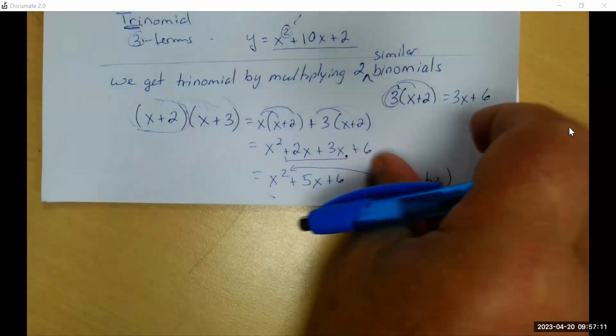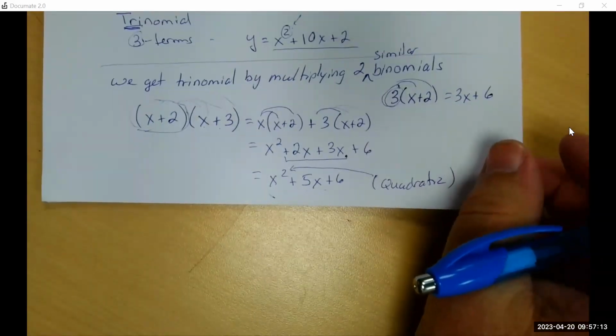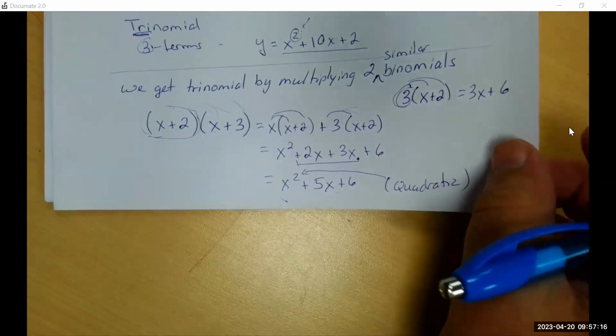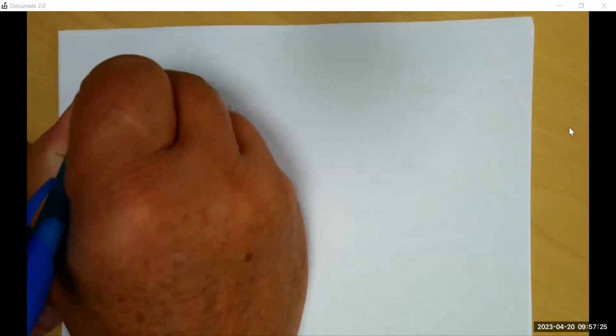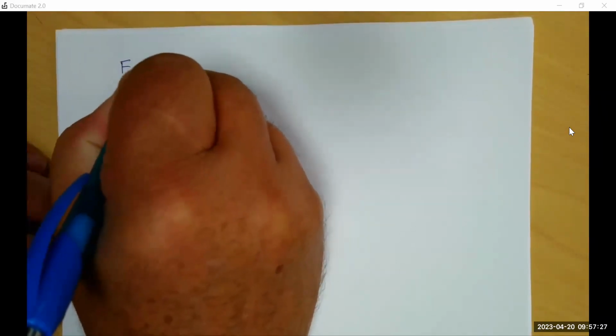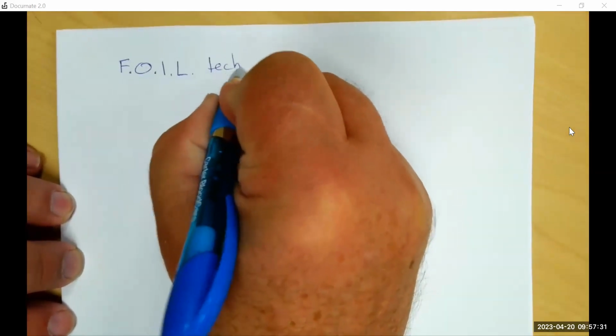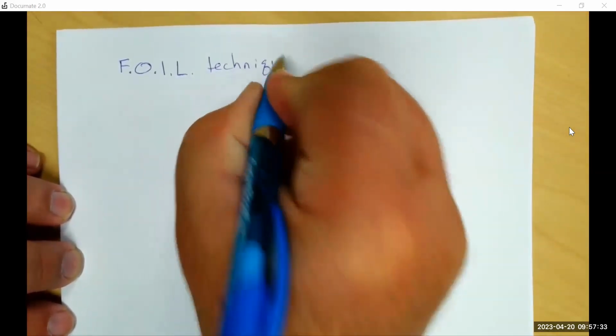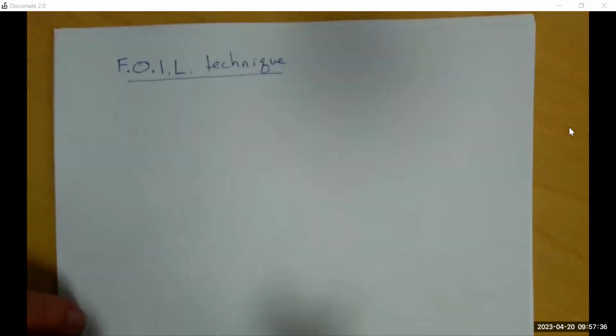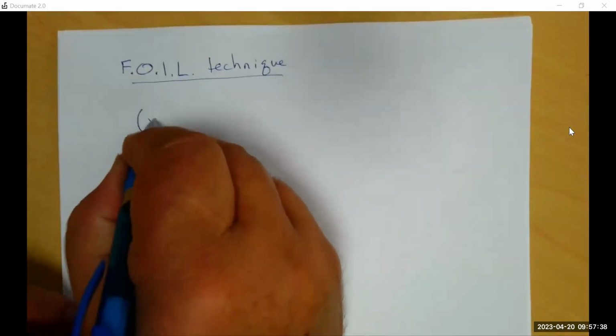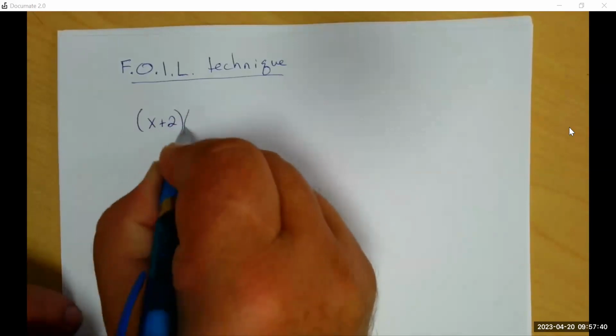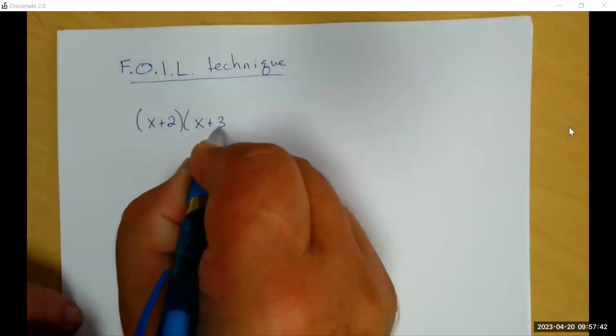Okay, so, but there's another way. You guys heard of this one, the FOIL technique. Remember that from high school? Okay, let's look at the FOIL technique. Let's use the same numbers. We use the same numbers, x plus 2 times x plus 3.